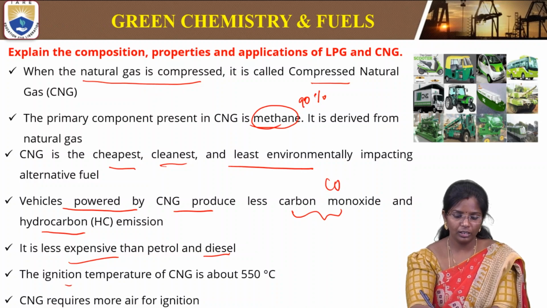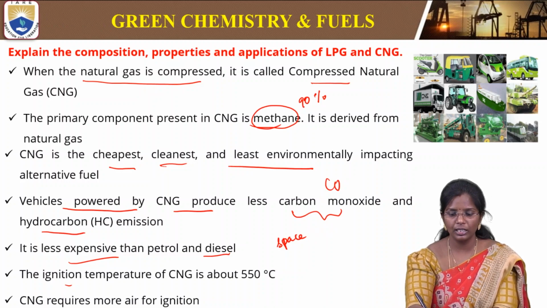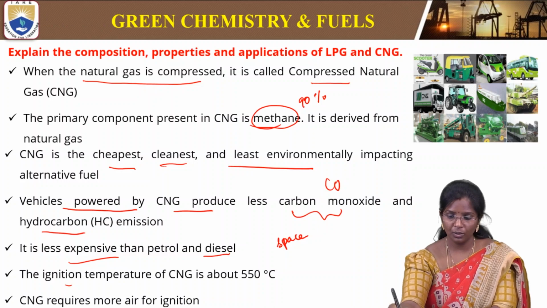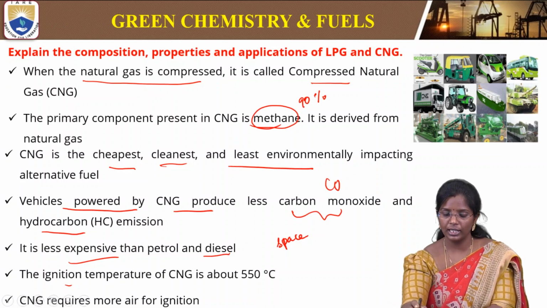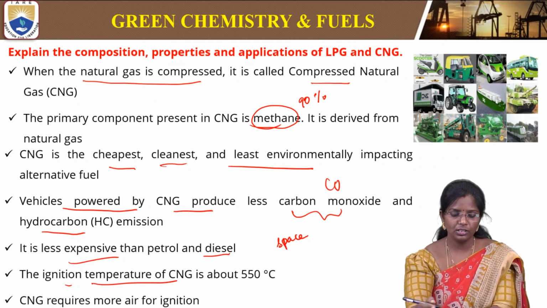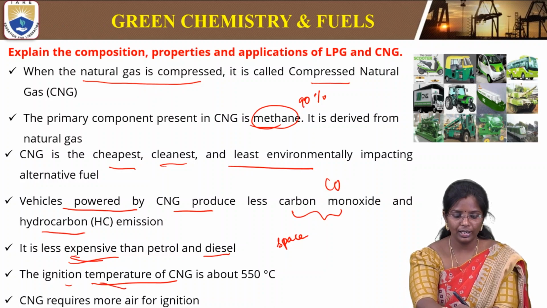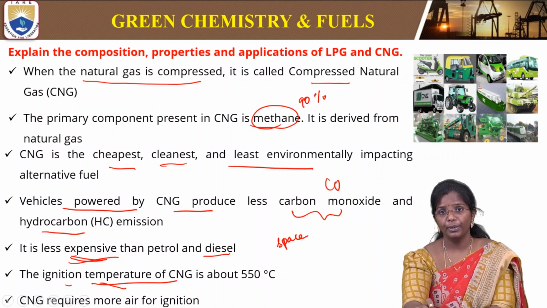It only requires some space in vehicles, because CNG requires a tank, some space in that particular vehicle. So this is the only disadvantage. Otherwise the ignition time is also good and there is less expense than petrol and diesel.